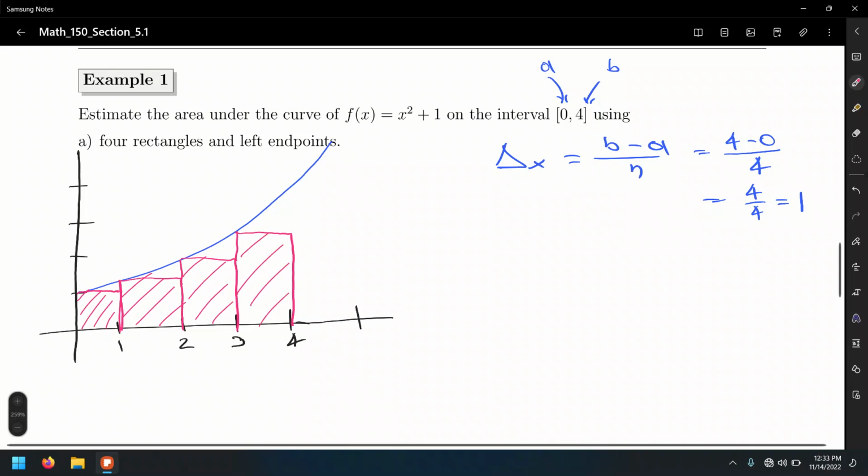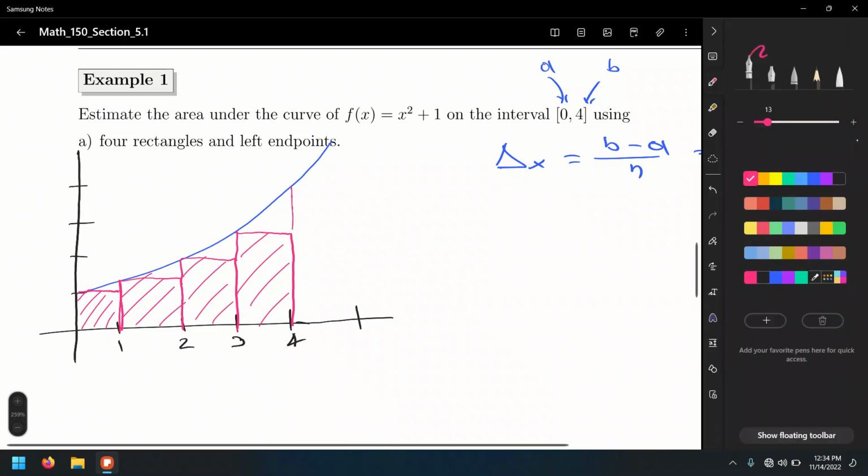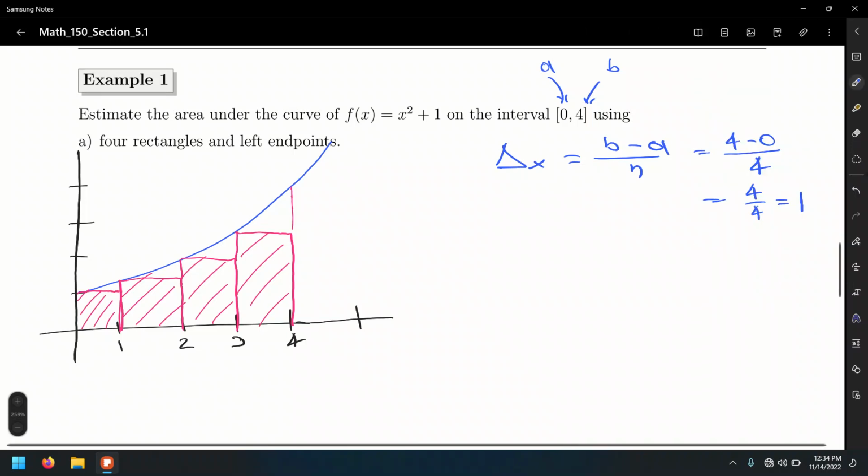Of course, that's not going to give us the most accurate area. Do you see all the void that we have in here? So we're going to get a value of the area that is a lot less than the actual one. That means that we need to evaluate f of 0, f of 1, f of 2, and f of 3. It involves those 4 calculations.